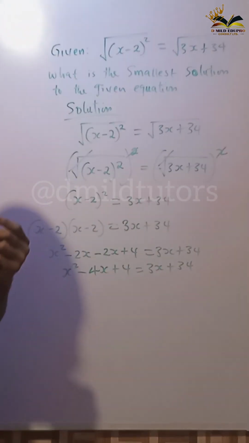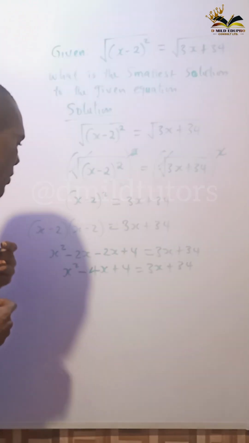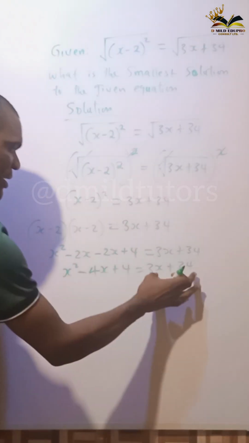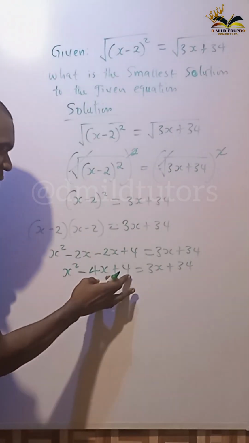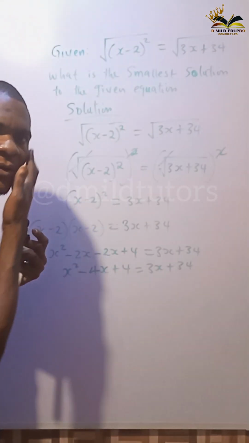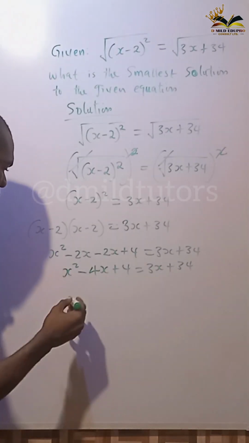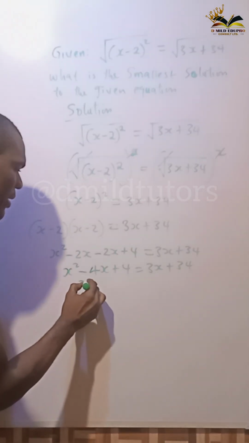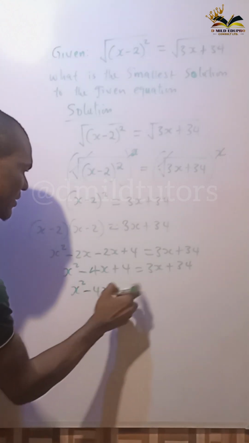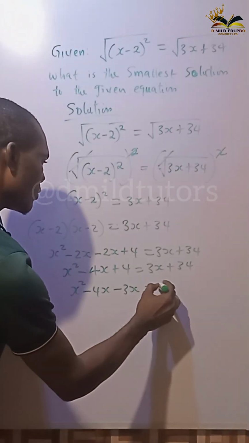You will notice we are gradually getting towards a quadratic equation. We have to collect like terms. The whole numbers should always be at the right hand side of the equation, while the x variable should be at the left hand side. So we have x raised to power 2 minus 4x, and if 3x crosses, it becomes minus 3x, equals 34.